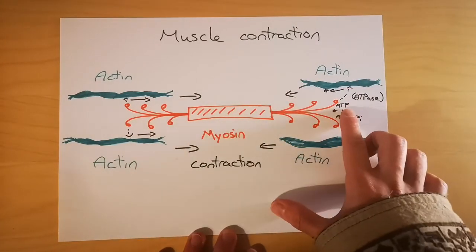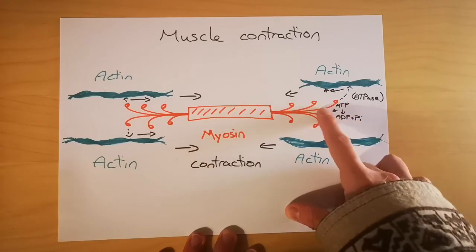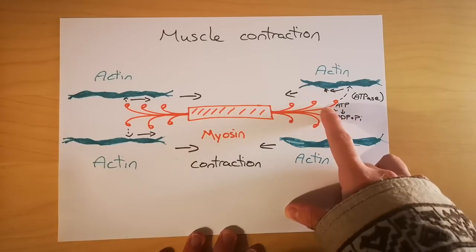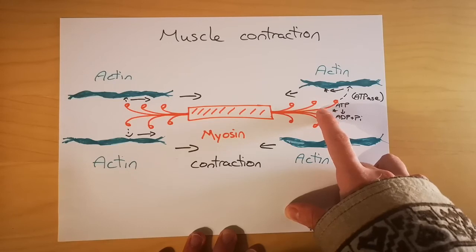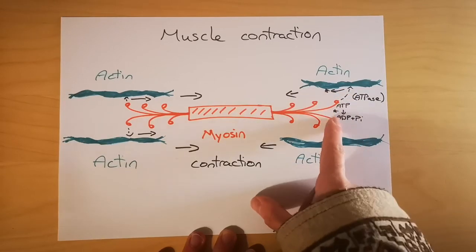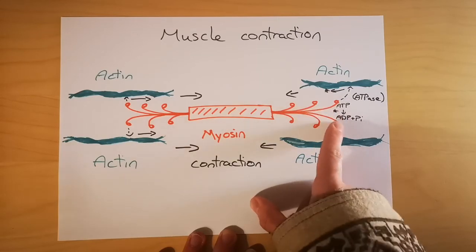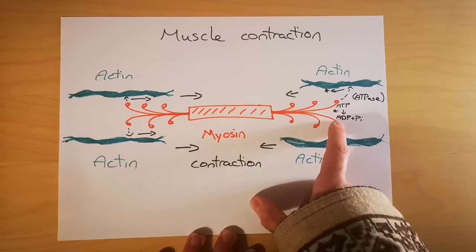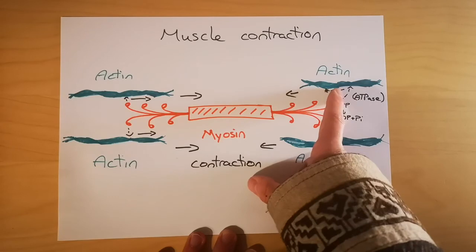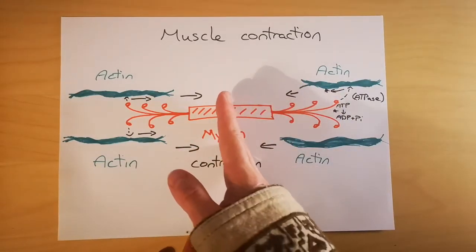During a muscle contraction, an ATPase enzyme is going to add ATP to the myosin head. Once that happens, the myosin head attaches to the actin filament, and in losing one of the phosphates from the ATP to make ADP plus inorganic phosphate, we drag the actin towards the center line.